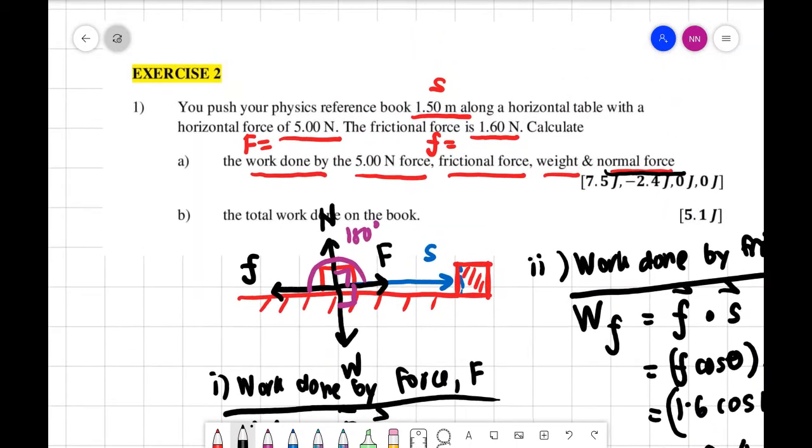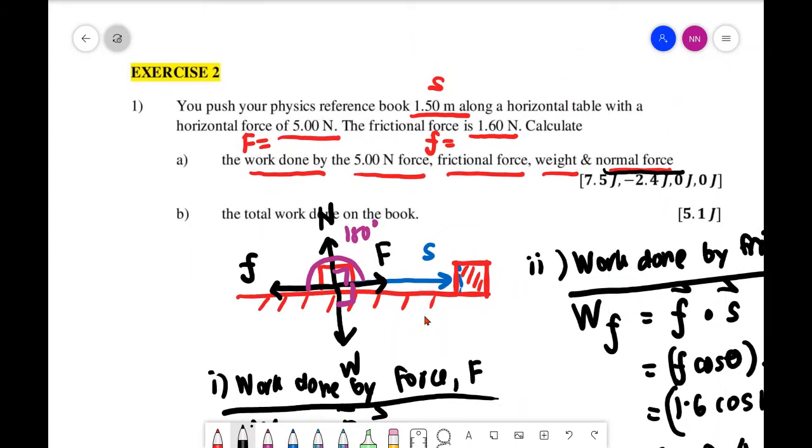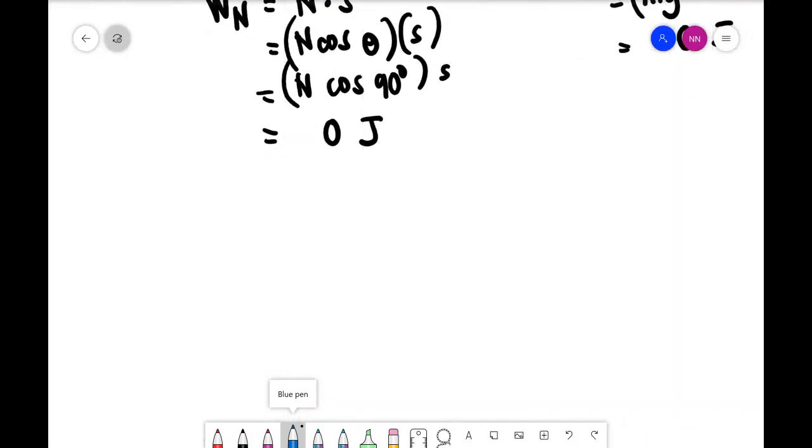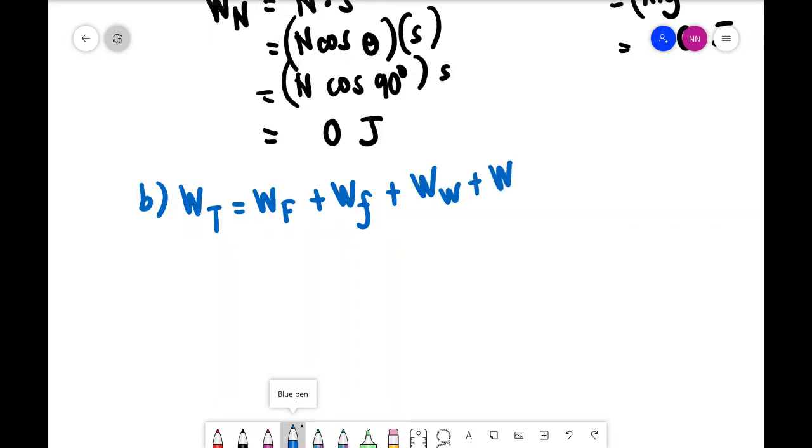And then question B, the total work done on the book. We have two methods for B. Total work done is the work done by the force plus work done by friction plus work done by weight plus work done by normal.